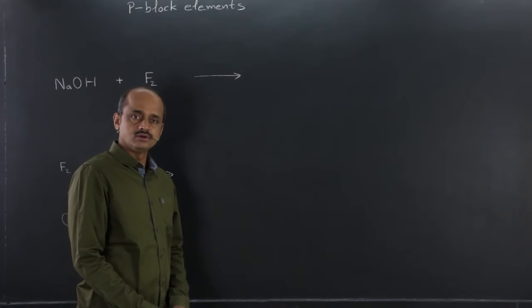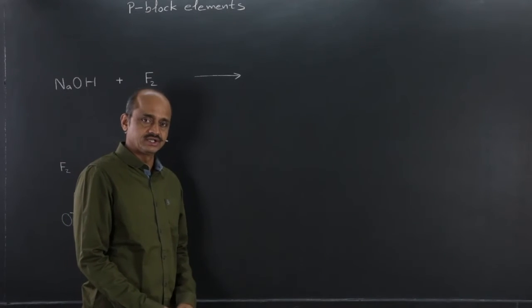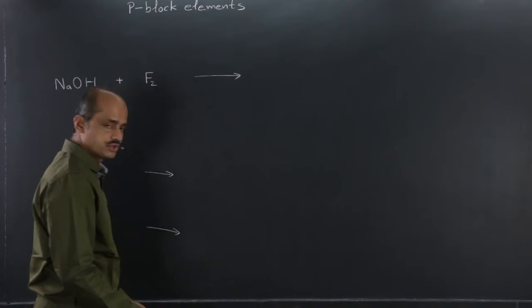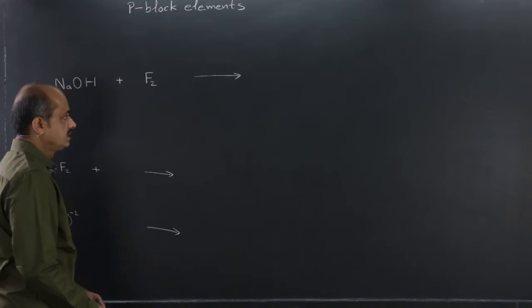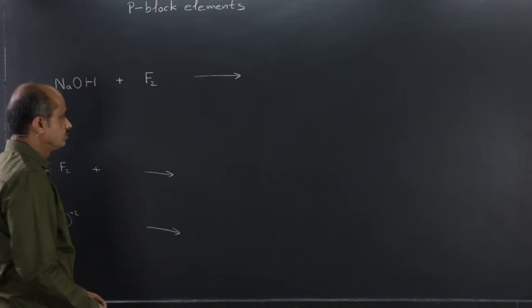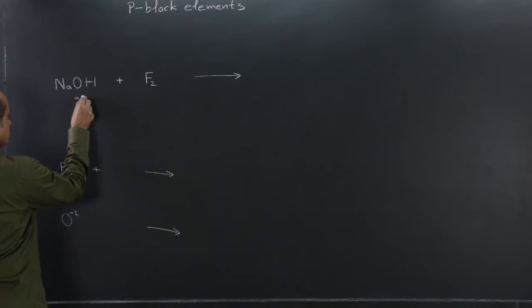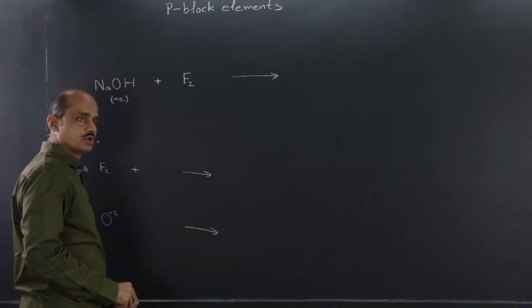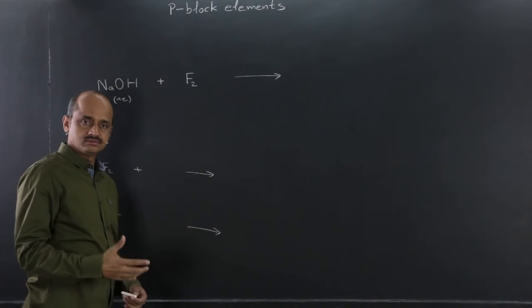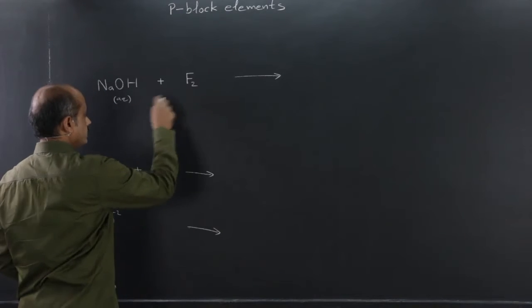Action of alkali on halogens is the part under consideration. Under that, action of alkali on chlorine we have covered, and now we will switch over to action of alkali, an aqueous solution of a strong base like NaOH or KOH, with fluorine.